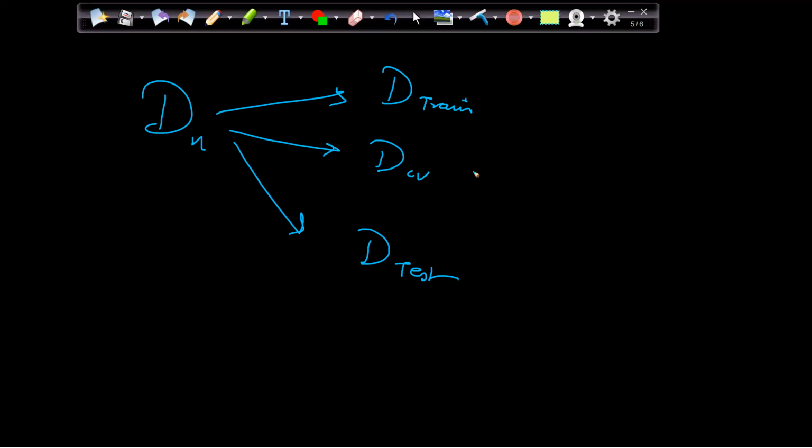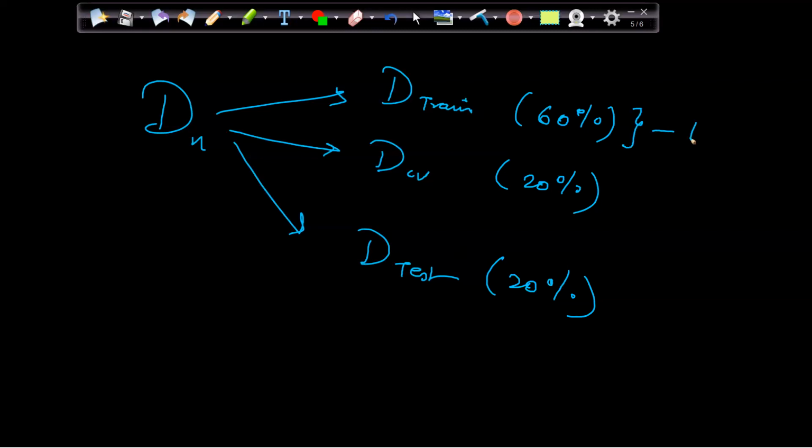But here you are reducing the data, you are making it 60%, you are making this 20%, and you are making this 20%. Because of this cross validation technique, so that I can have some unseen points, my train data is reducing, right? That is a problem, because I need a good amount of data so that my machine will learn better.